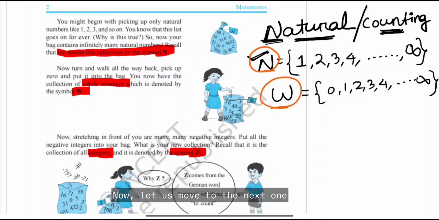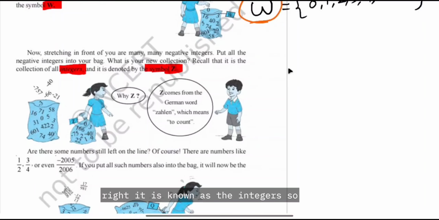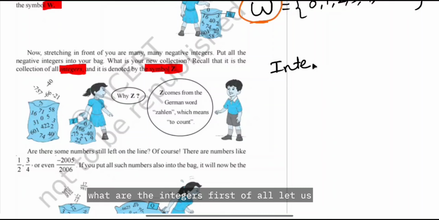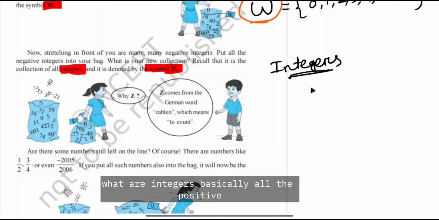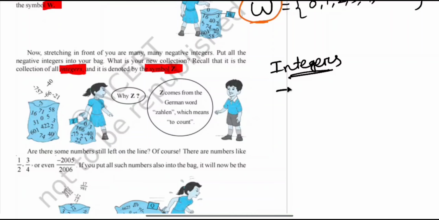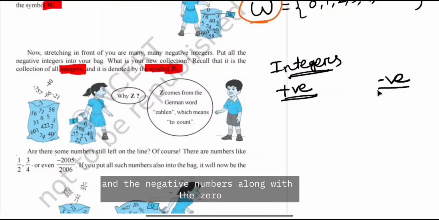Now let's move to the next interesting one. It is known as the integers. So what are the integers? First of all, let us understand the integers. Basically all the positive numbers and all the negative numbers along with 0.